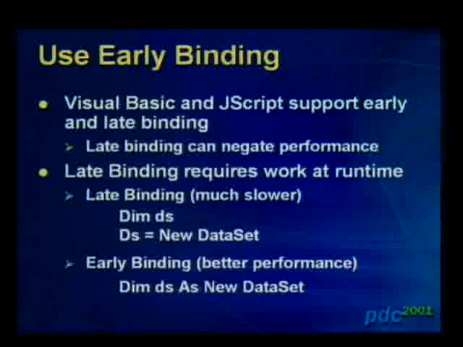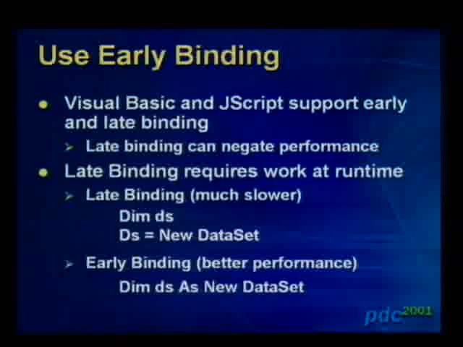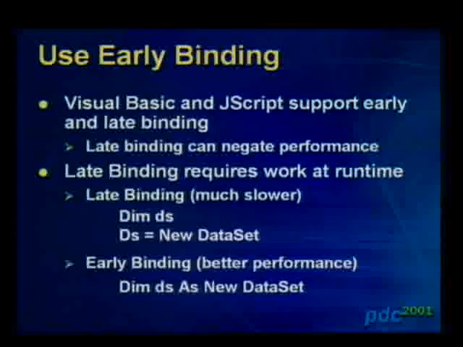We've seen internally the same web applications using early versus late bound code. Take the type annotations away in VB, and you see as much as a 50% perf degradation going from fully early bound code to fully late bound code in the web app. And that's really something to be aware of.